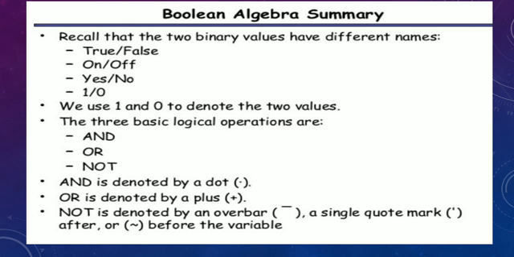AND is denoted by a dot, OR is denoted by a plus, and NOT is denoted by an over bar, before or after the variable. So AND is a dot b, OR is a plus b, and NOT is a bar. Okay, students, right?